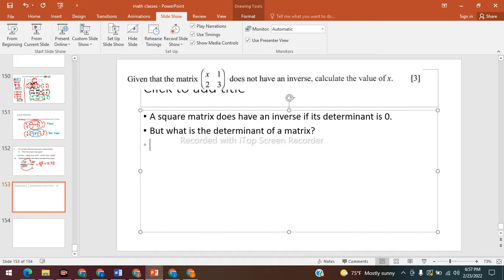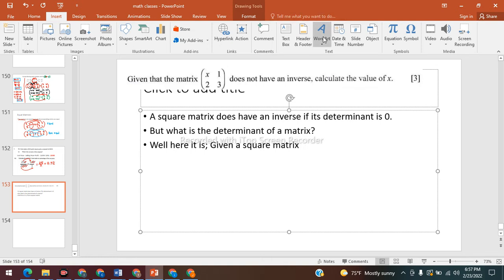Well, given a square matrix, what do we call our square matrix?